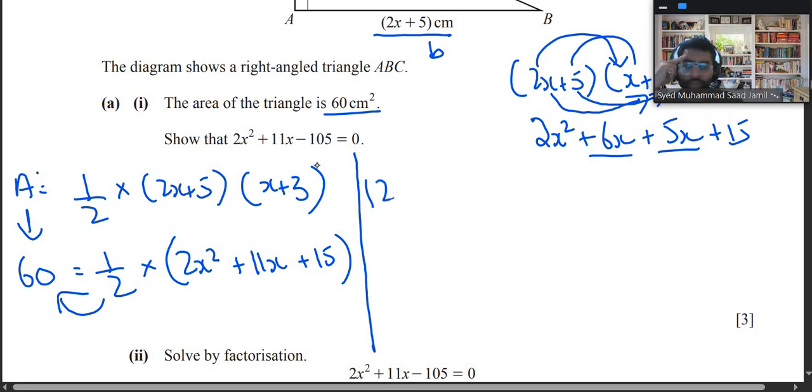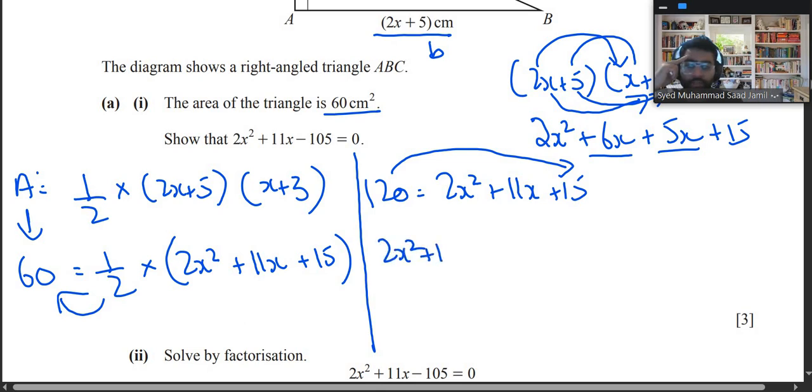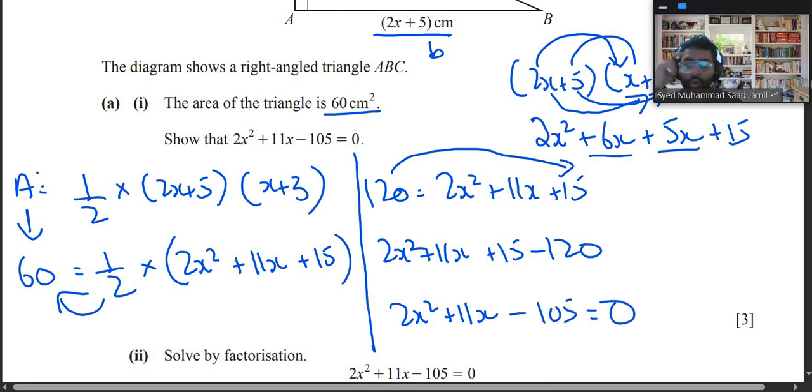So it becomes 120 is equal to 2x squared plus 11x plus 15. 120 will come over here now. 2x squared plus 11x plus 15 minus 120. So it becomes 2x squared plus 11x minus 105 is equal to 0.